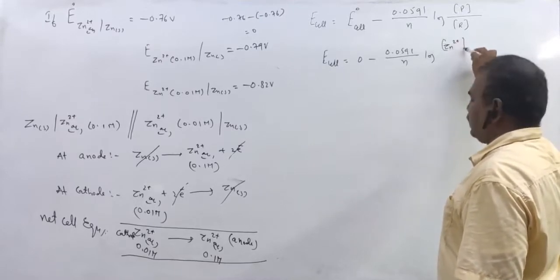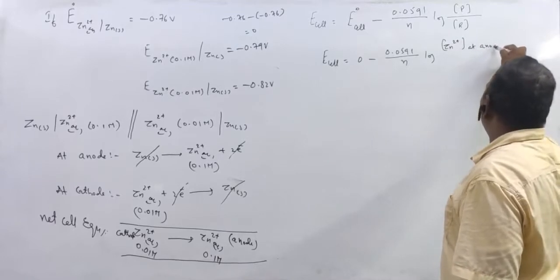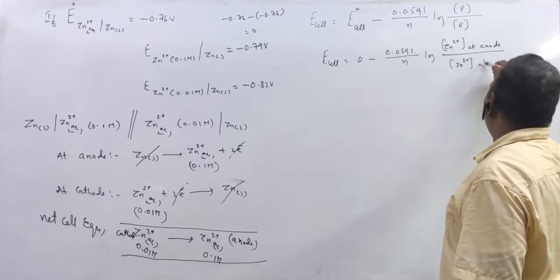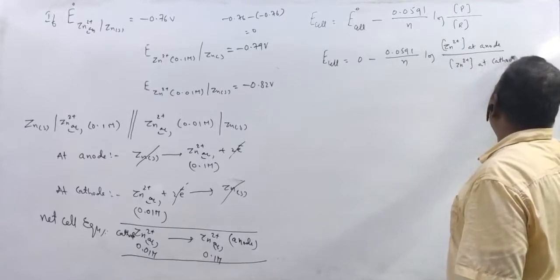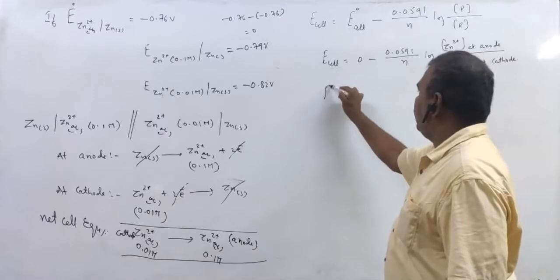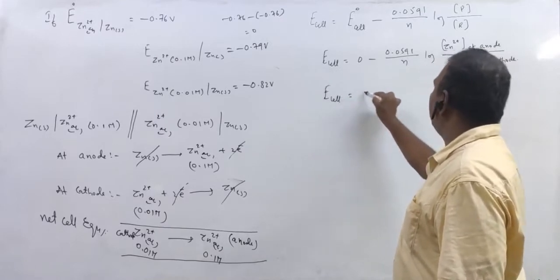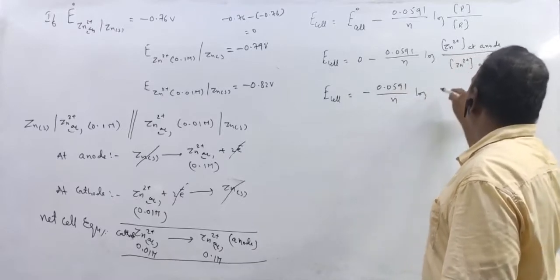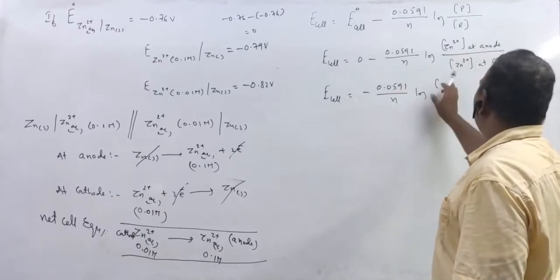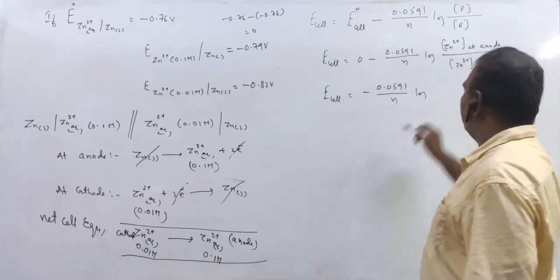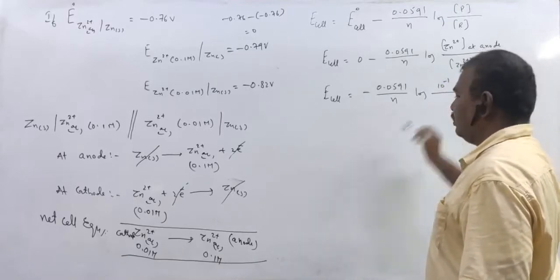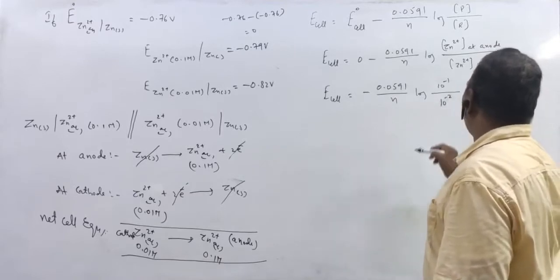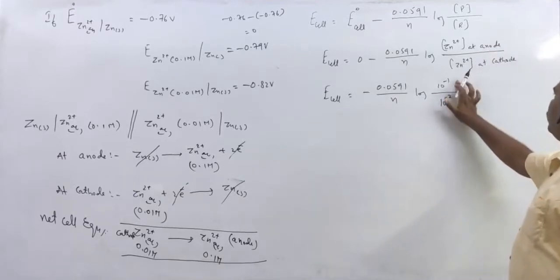Zn2+ concentration at anode by Zn2+ concentration at cathode. So, E cell is equal to minus 0.0591 by n log of Zn2+ concentration at anode, 10 power minus 1, by Zn2+ concentration at cathode, 10 power minus 2, which is 10 power 2.